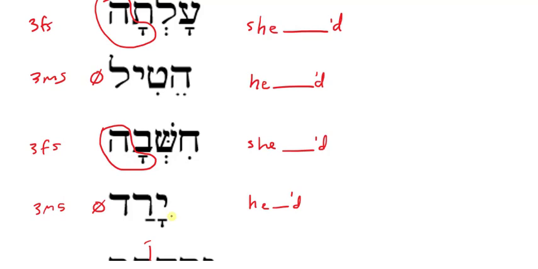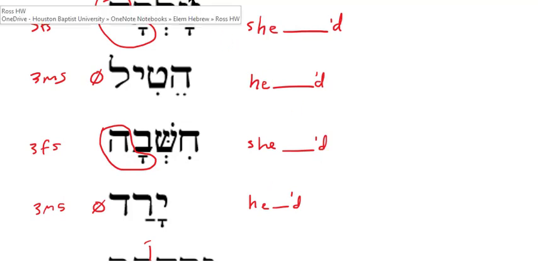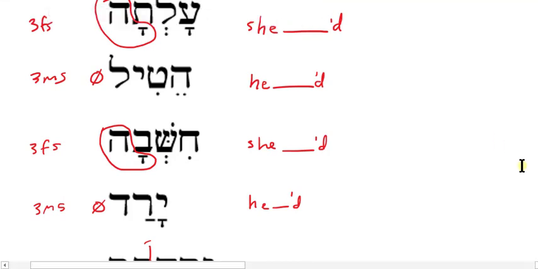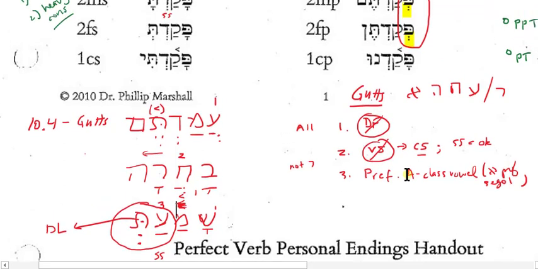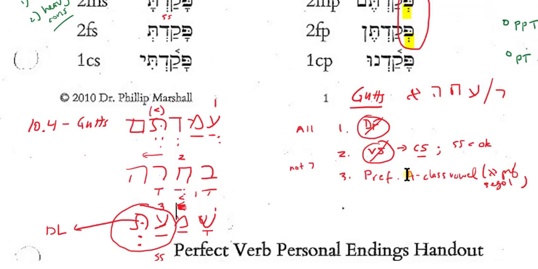Let's talk about how you translate and understand the perfect tense. I don't like to call this the perfect tense, because what we're looking at here is not actually a tense. When we say tense, what do we usually mean? When we think of tense, we think of time categories, right? Past, present, or future tense. Tense has to do with time.